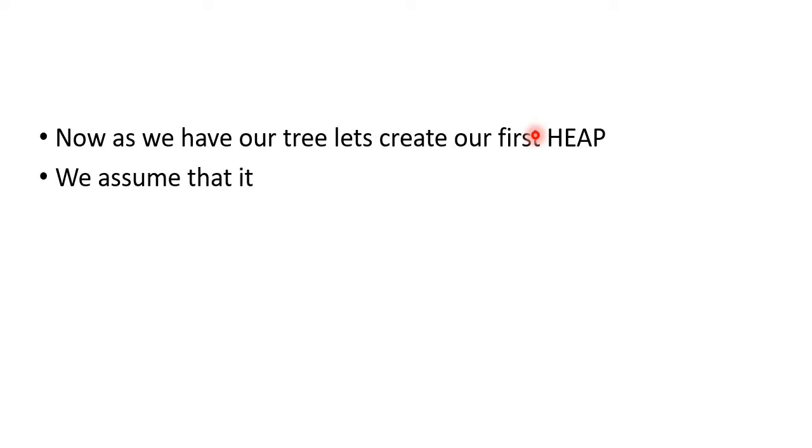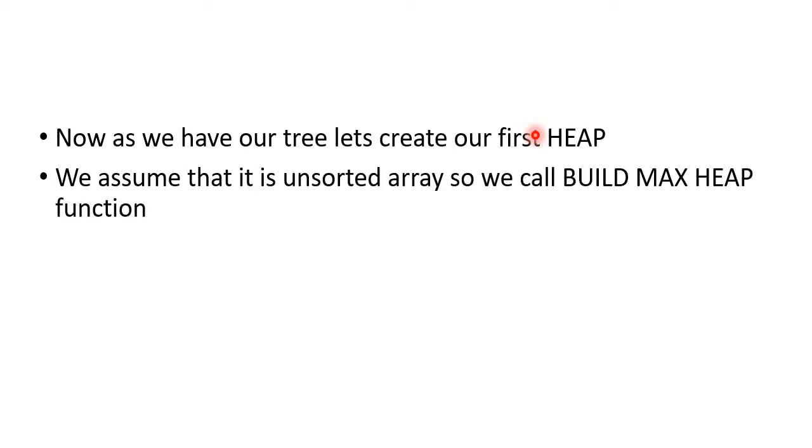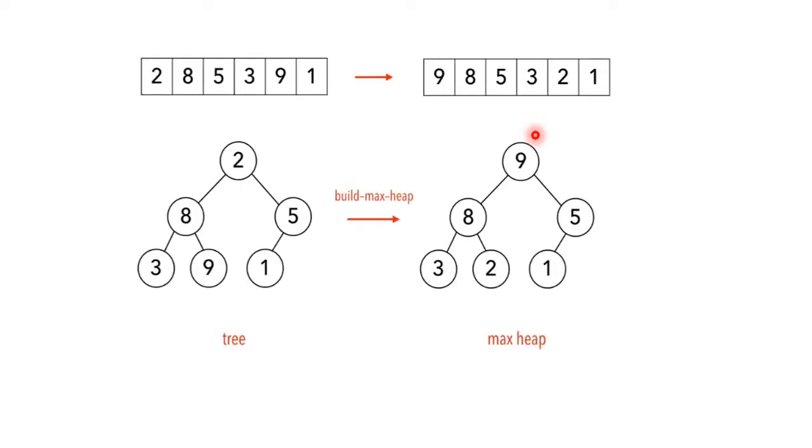Now, as we have our tree, let's create our first heap. We assume that it is an unsorted array. So we call the build max heap function. Now we considered that this array is completely unsorted. First of all, we call the build max heap function, which will pick the largest number and make it the parent node. So first of all, we had this array and this was the tree of that array.